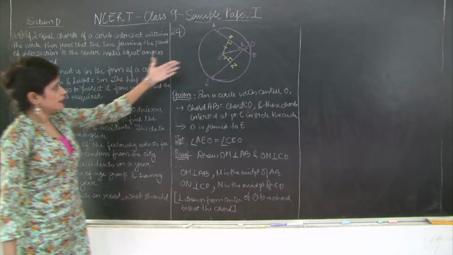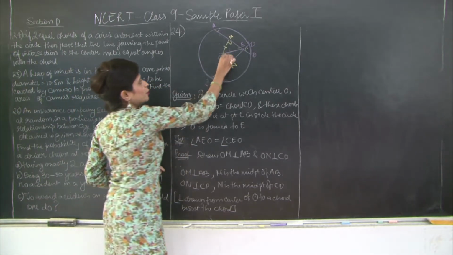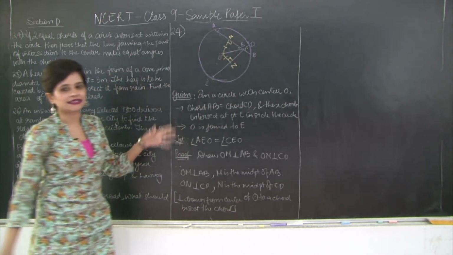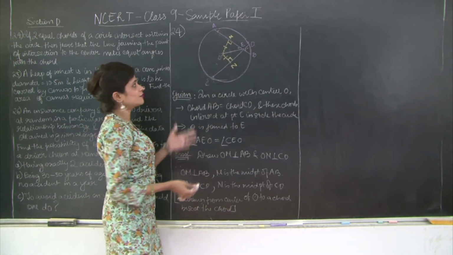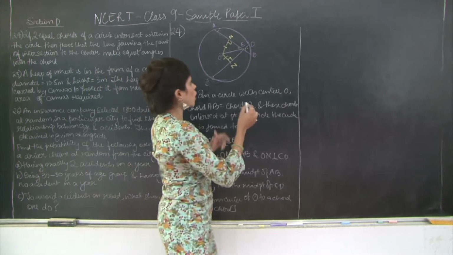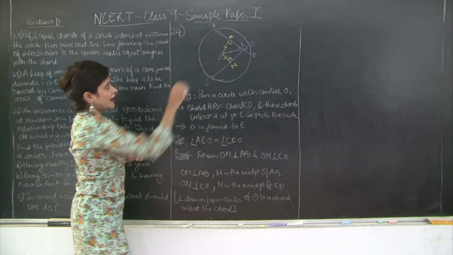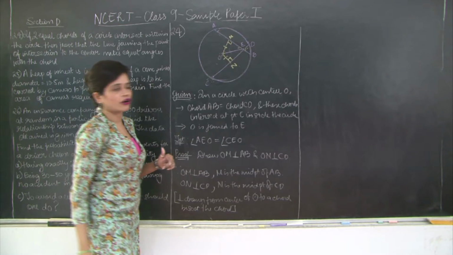So now these two are the midpoints of chords AB and CD. Therefore, what do you get? That they are equidistant from the center. So chords that are equal to each other are equidistant from the center of the circle.